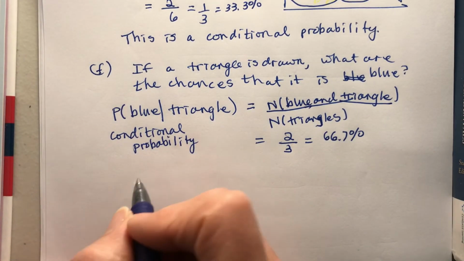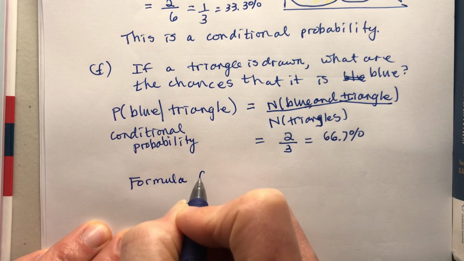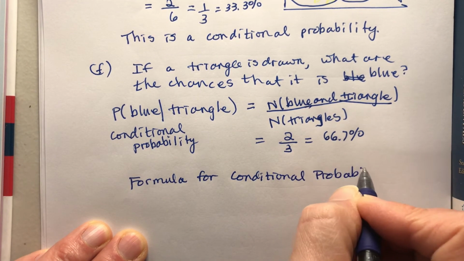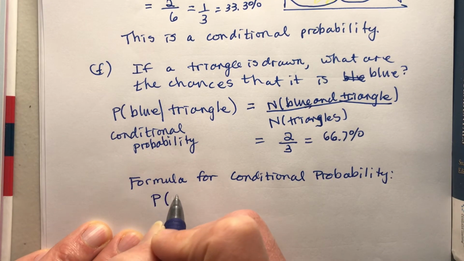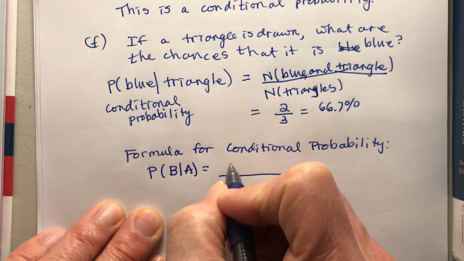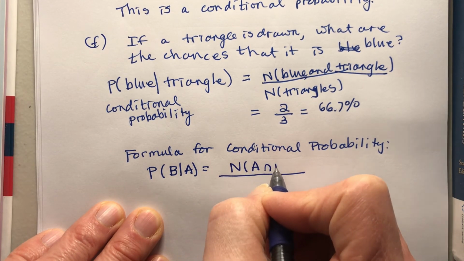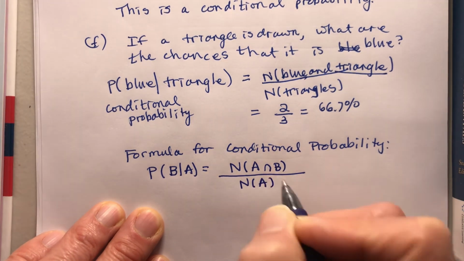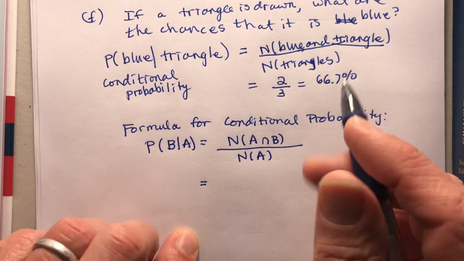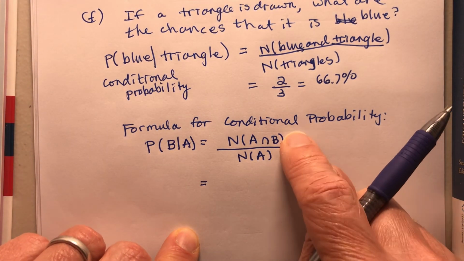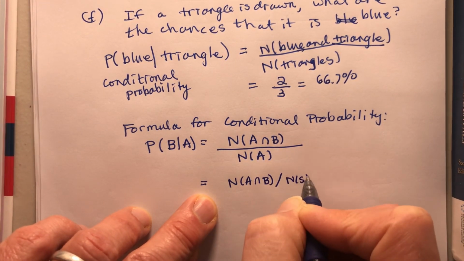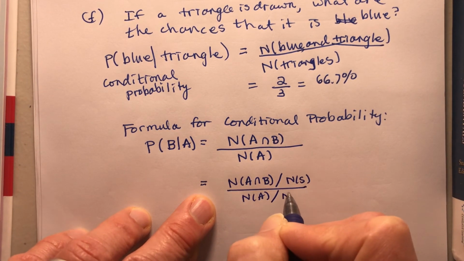So our formula for conditional probability is: the probability that B occurs given that A has already occurred is the number of elements in A and B divided by the number of elements in A. Now, what we can do is divide the numerator and denominator by the number of elements in S. And what does that give?